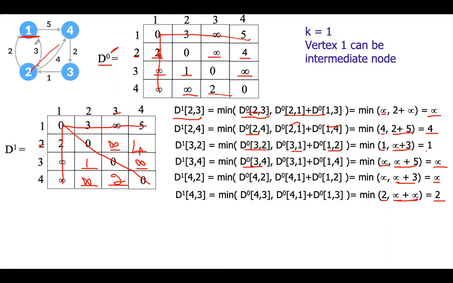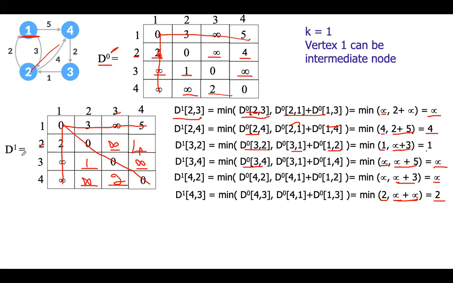While keeping 1 as intermediate vertex, we should not consider the first row and first column, and the diagonal values. So the other 6 values you need to find out. So this is the value we got. This is D1 matrix.